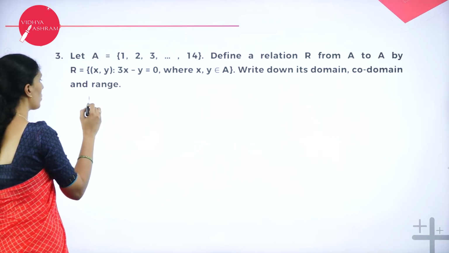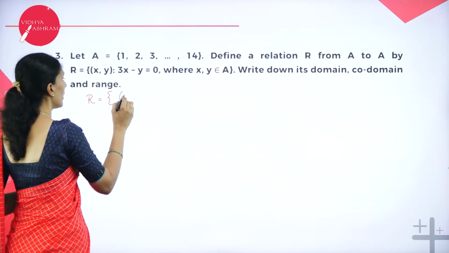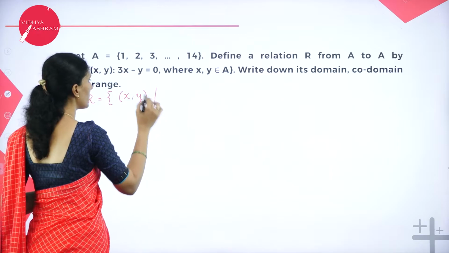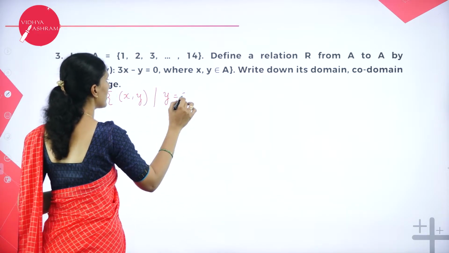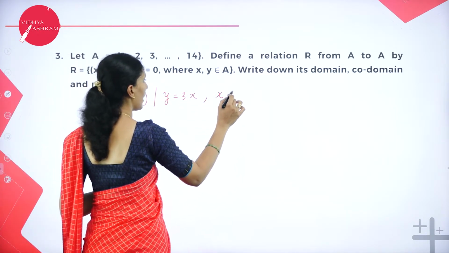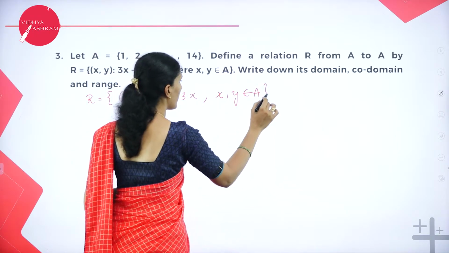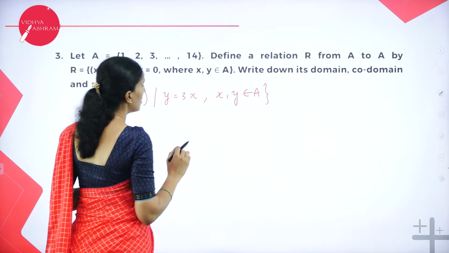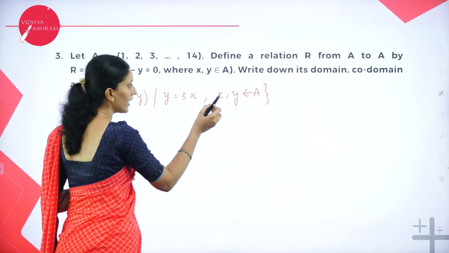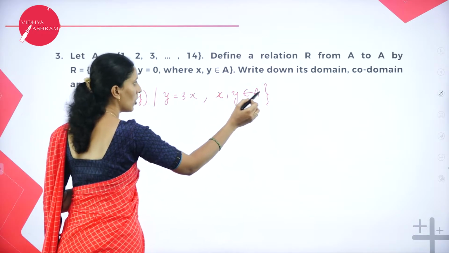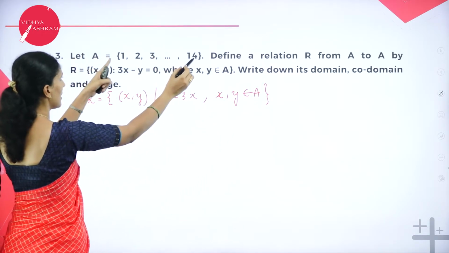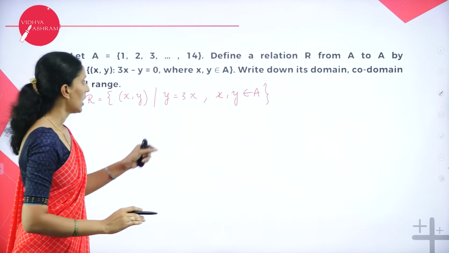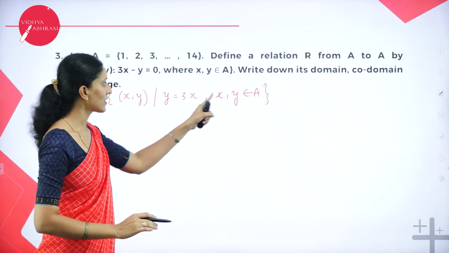So the given equation can also be converted as y is equal to 3x, where x comma y belongs to A. Both x and y should belong to A. That means the elements must be from 1 to 14. It cannot exceed 14.